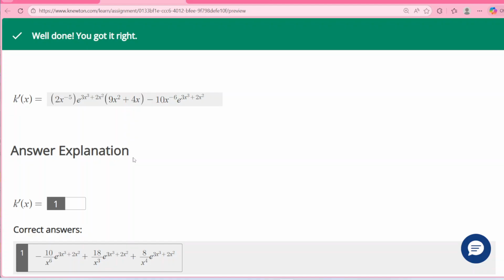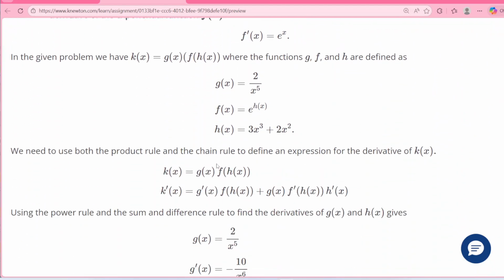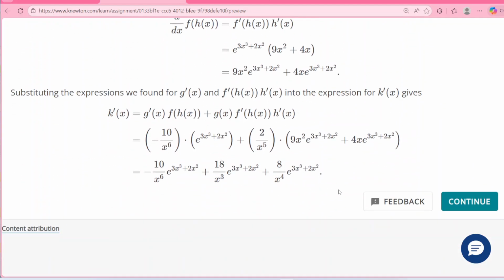And you might want to try that method for similar questions in the future. Obviously, if you got it wrong, read through the answer explanations and try to see where you went wrong. And hopefully you can learn from your mistakes for future similar questions.